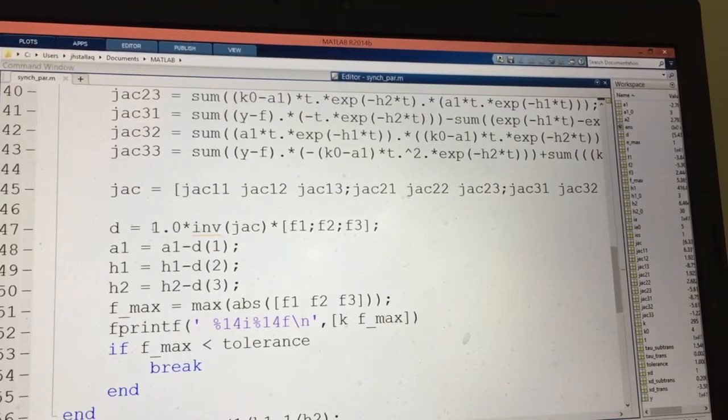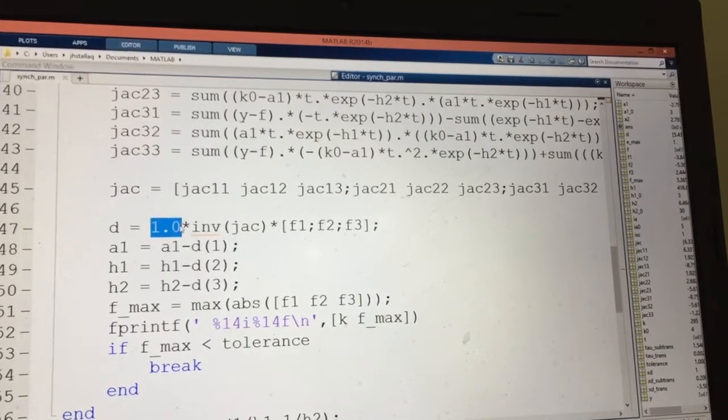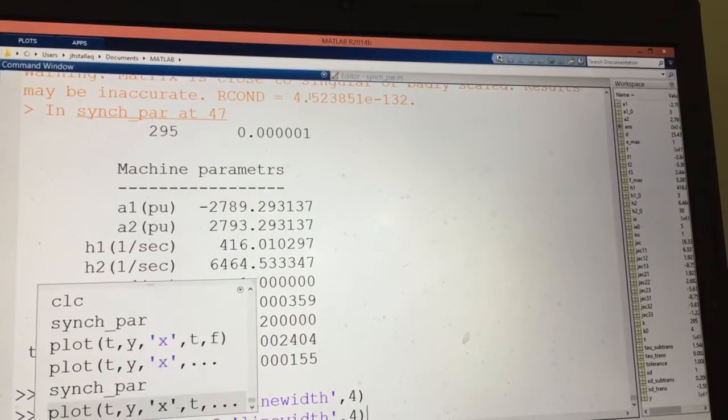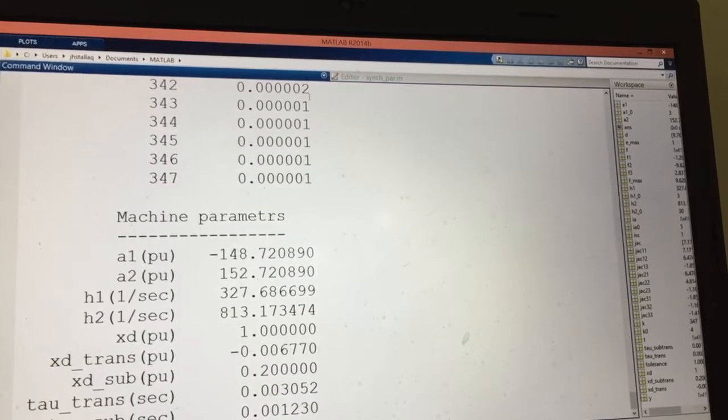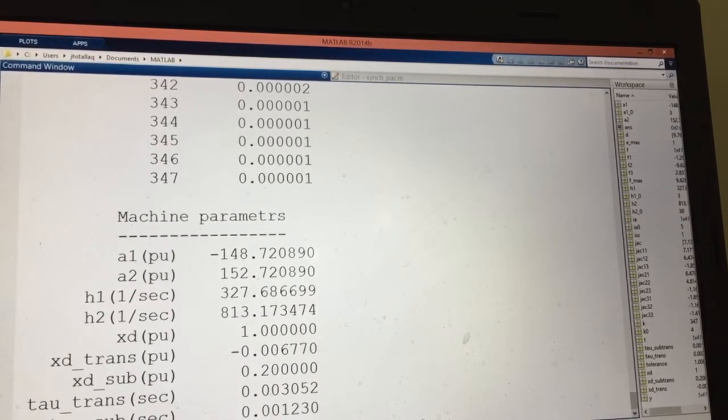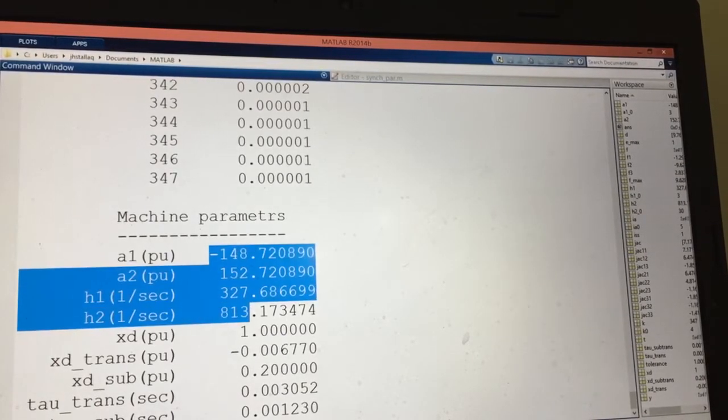Here, instead of 1, let me put 0.1 and see whether it will succeed or not. Just try it. Okay. Now it did not succeed even with that. You see, it took so many iterations, but from the figures, it is not successful.